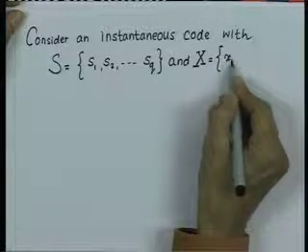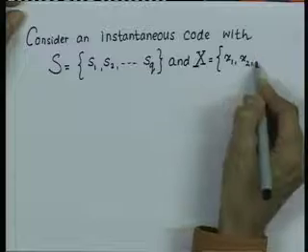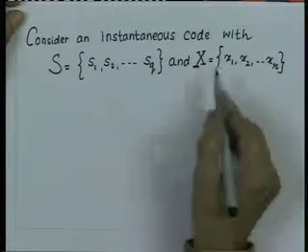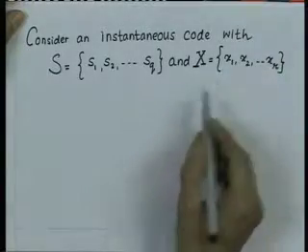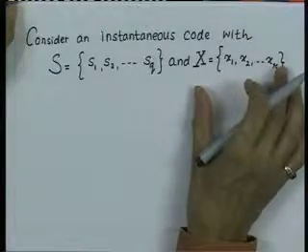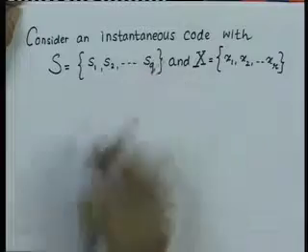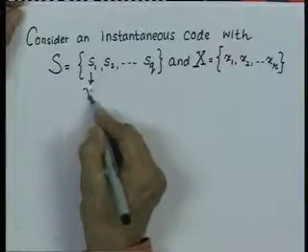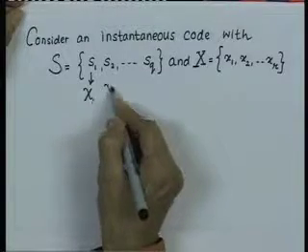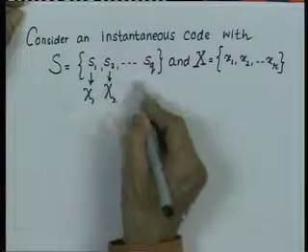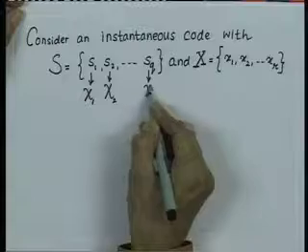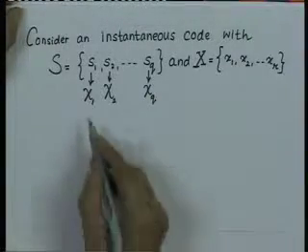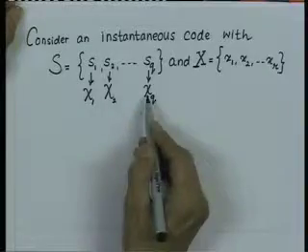So, I will have X1, X2 up to XR. With the help of this code alphabet, I form code words for these source symbols. Let me identify these code words as X1, X2 up to XQ.